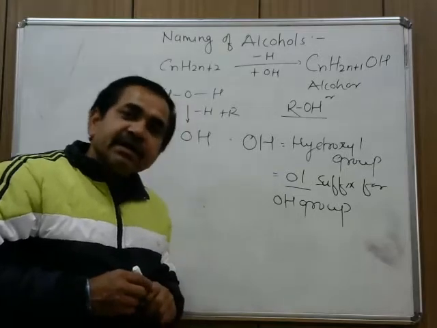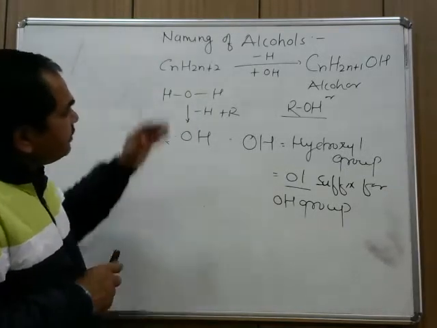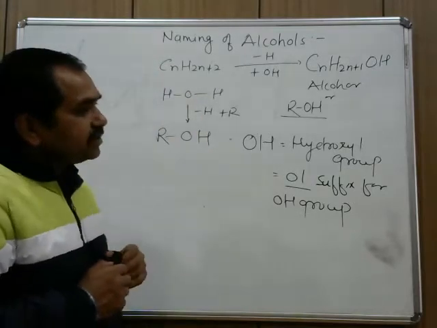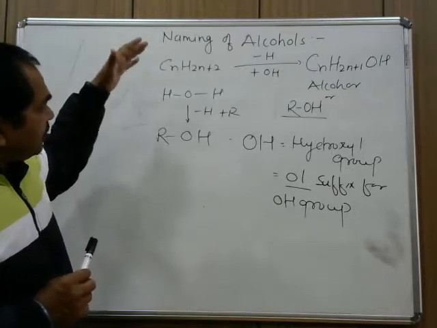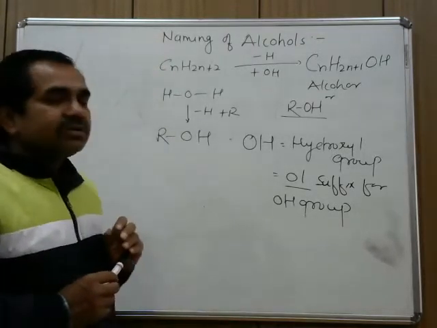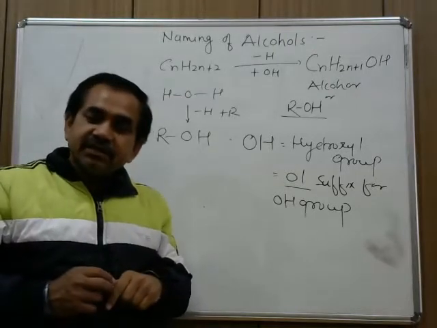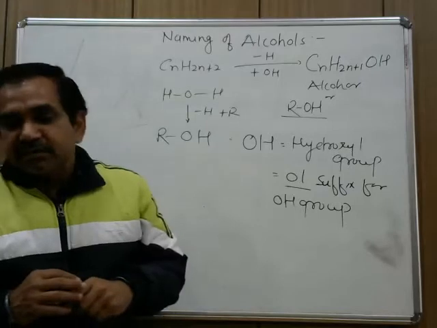And in IUPAC, now, before going to the IUPAC naming of these alcohols, let us understand the classification of alcohols, which is done on the basis of the number of OH groups present.